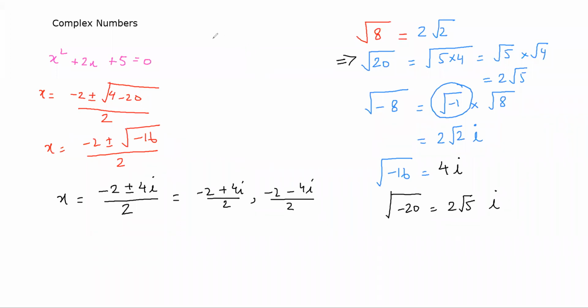In general, we have a complex number z, which is a plus iota b. This a over here is the real part of this complex number. If I split this, it is going to be minus 1 plus 2 iota and minus 1 minus 2 iota.